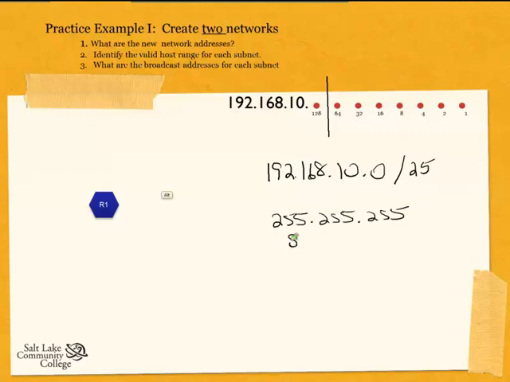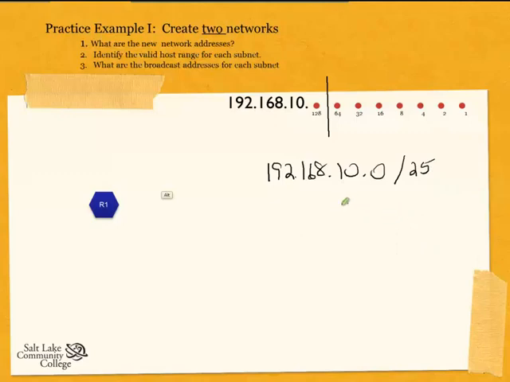There are 8 bits on here, 8 bits on here, 8 bits on here, and then 128, of course, there's 1. 8 plus 8 plus 8 plus 1 is 25. So another way of describing it is a /25. So that's my first network.